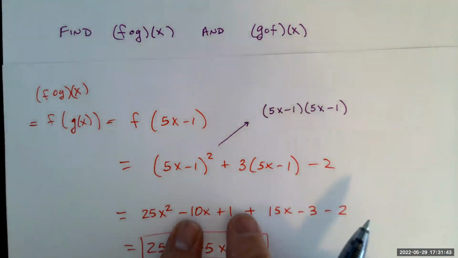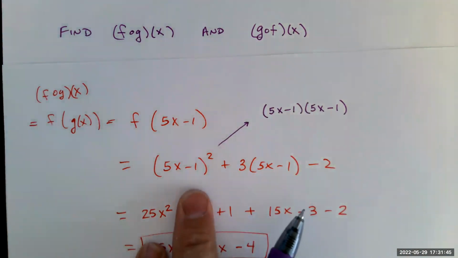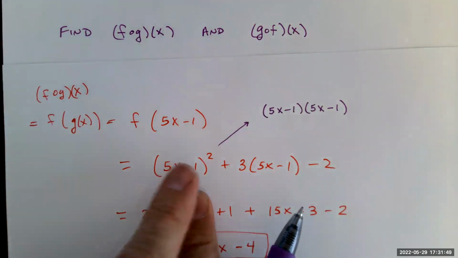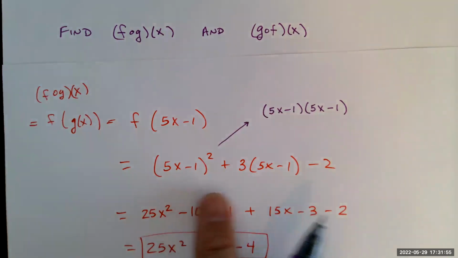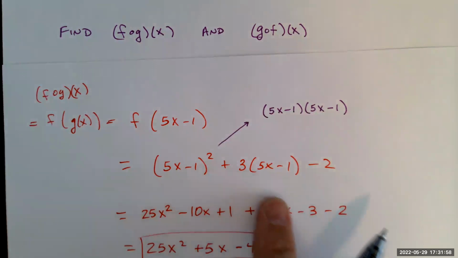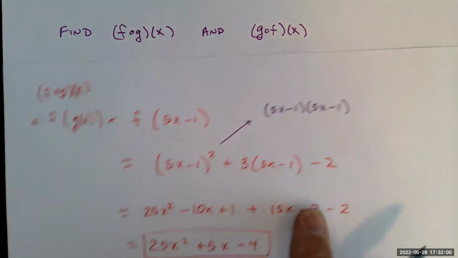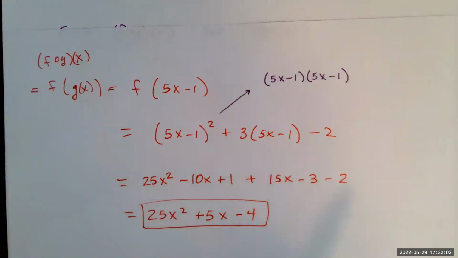Negative 1 times negative 1 is plus 1. So it's not 25x squared plus 1 or 25x squared minus 1 when you square 5x minus 1. You've got to make sure you're careful with your algebra. Here I just distribute the 3 through, I get 15x minus 3. Now I can combine like terms, and there's F circle G of X.